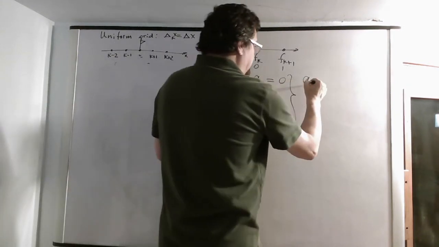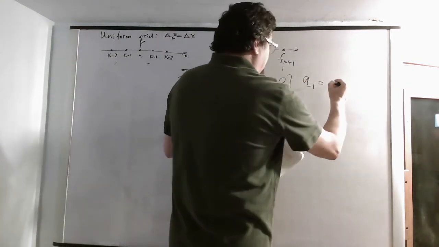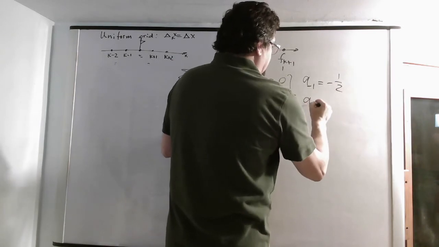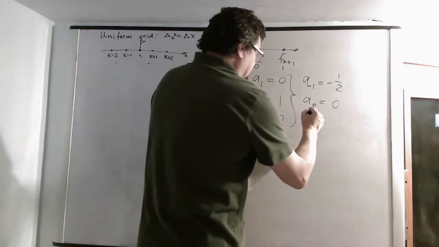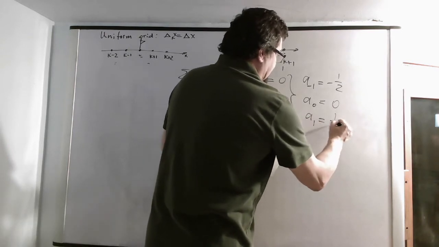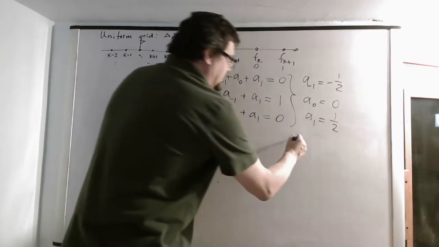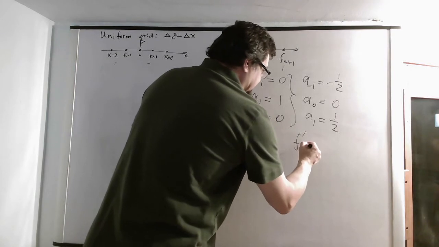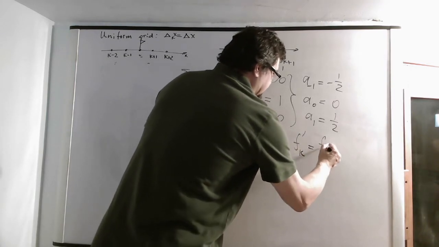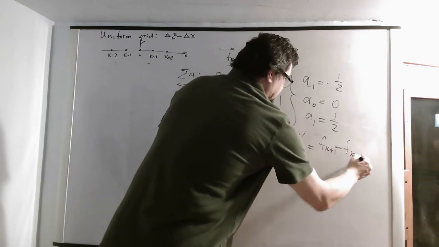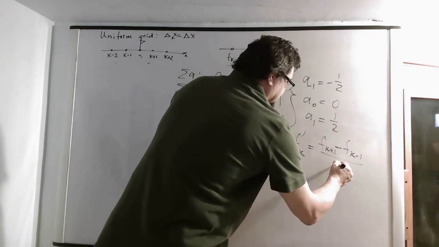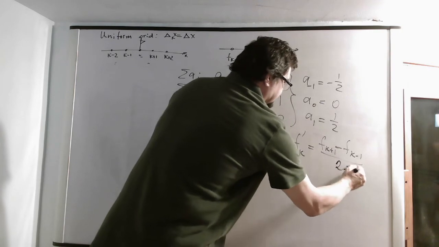You will find that a_{-1} equals -1/2, a_0 equals 0, and a_1 equals 1/2, from which you will derive the first derivative equals f_{k+1} minus f_{k-1} divided by 2 delta x.